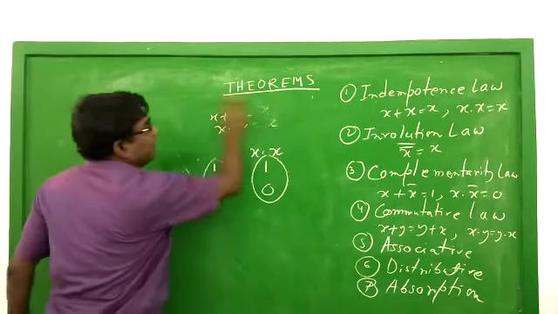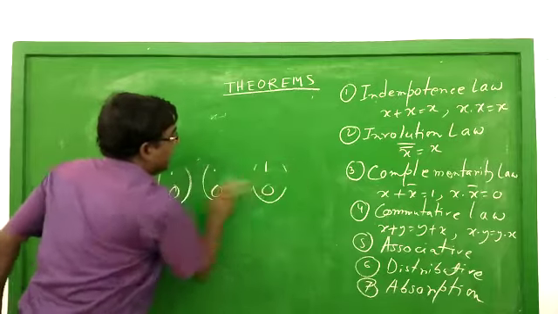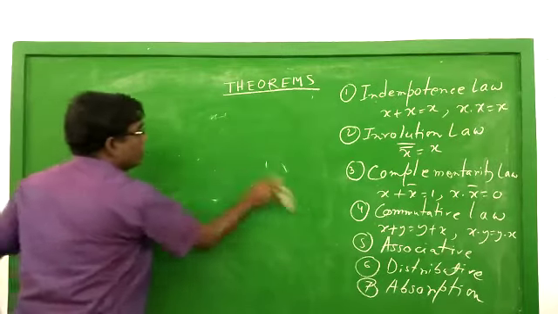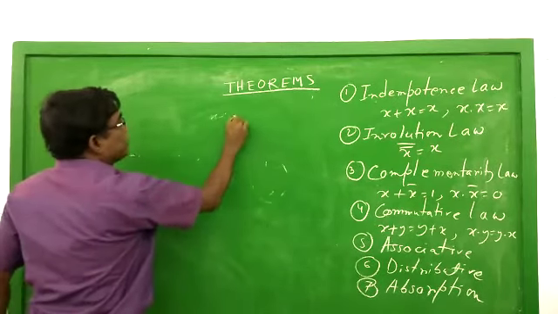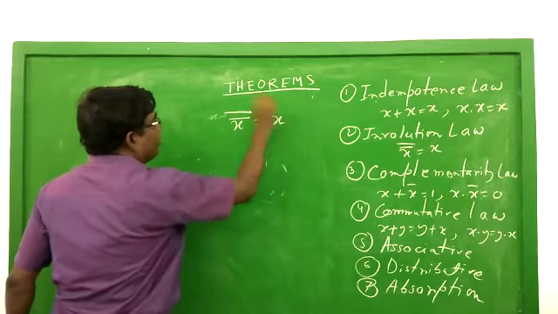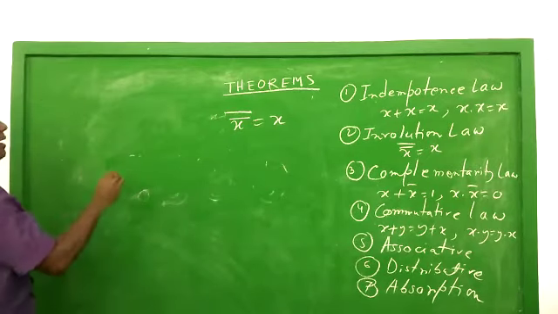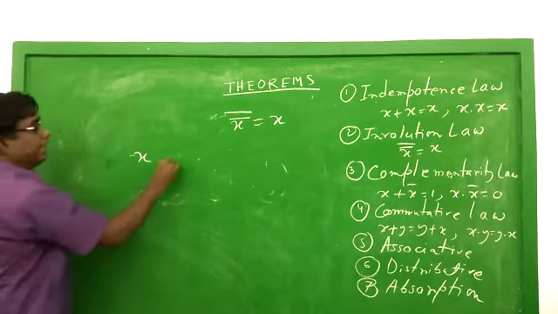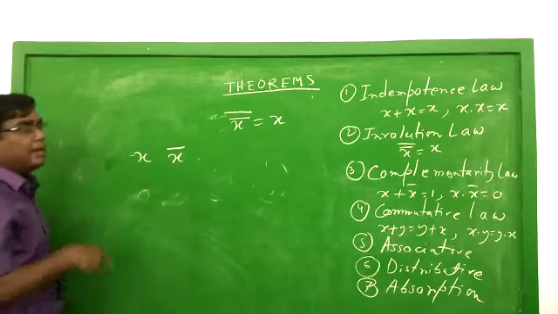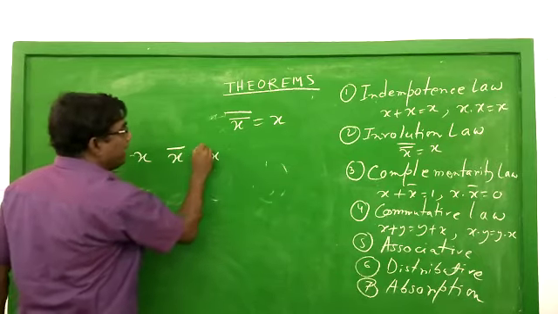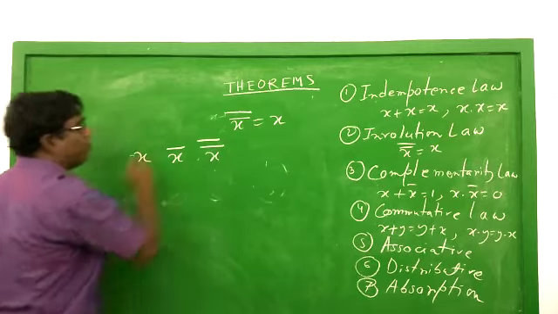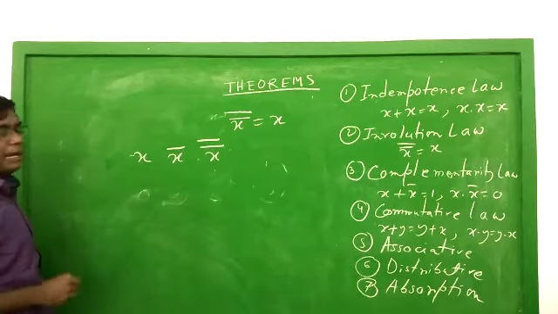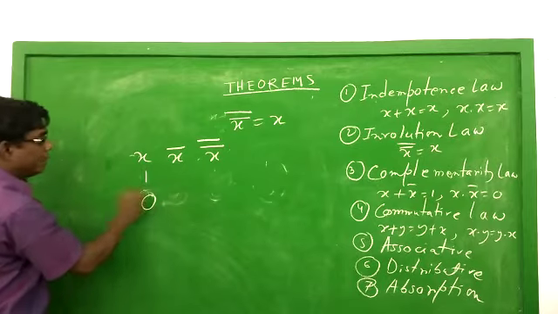Next one is involution law. In case of involution law, what is the law? X complement complement equal to x. For that purpose, first we take x, then we calculate x complement. After that we calculate the complement of x complement. There is a single variable x, so it can be 1, it can be 0.